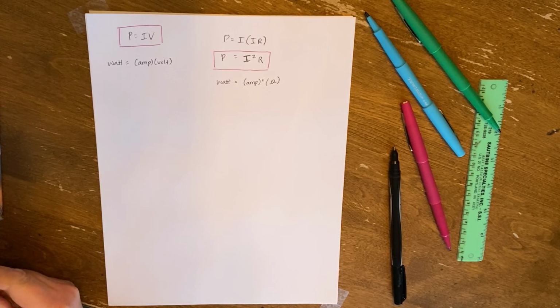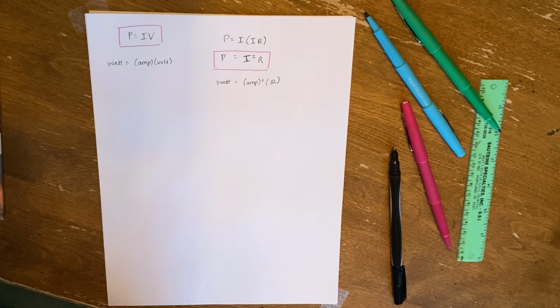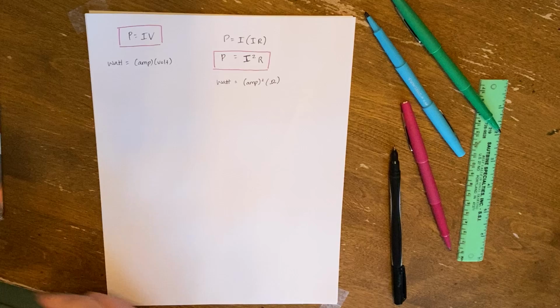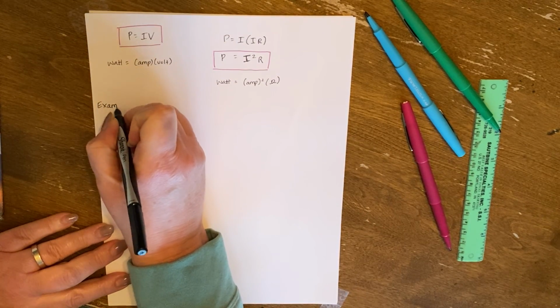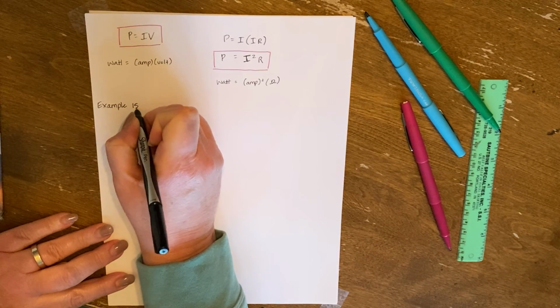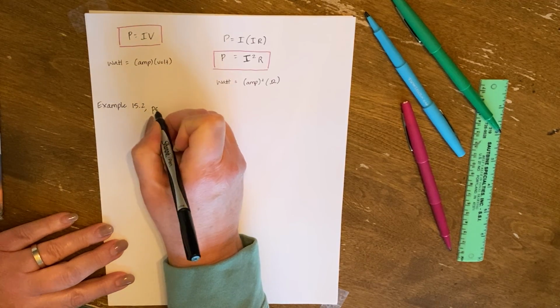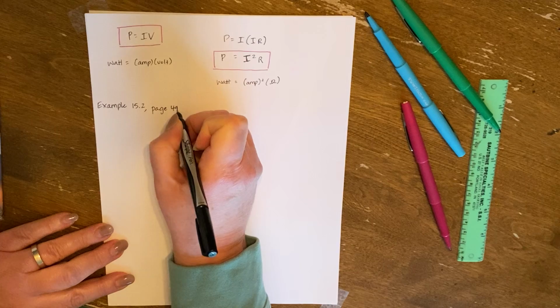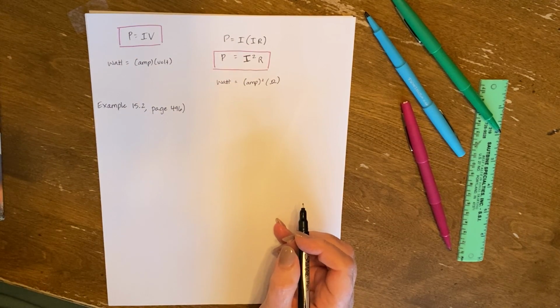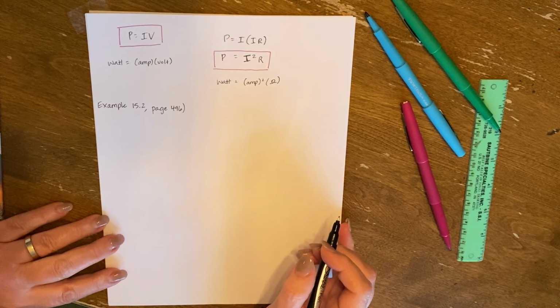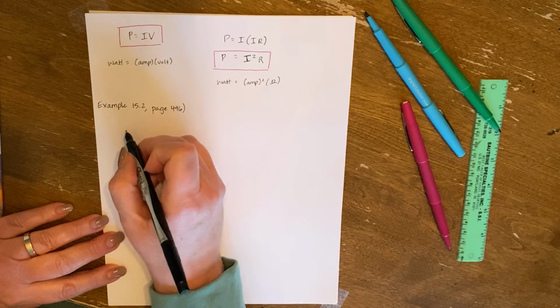Okay, so let's look at another example. Example 15.2 on page 496. In the first part of this example, we have a space heater that uses a 120 volt wall socket.